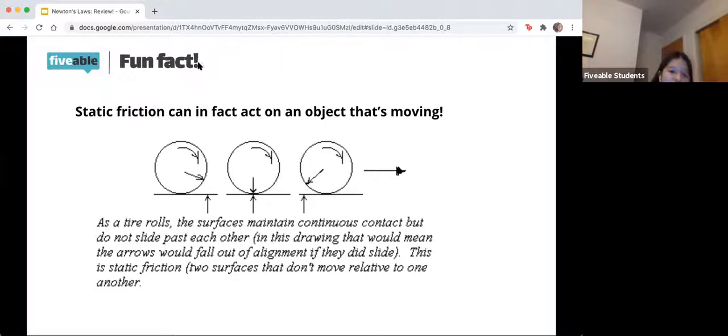I had this drawn. I couldn't find it online, but I can draw it for you. I know this is a weird example, but we have this ball, and you can think of it as having little feet on it.